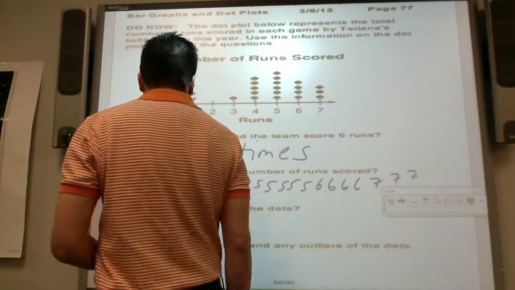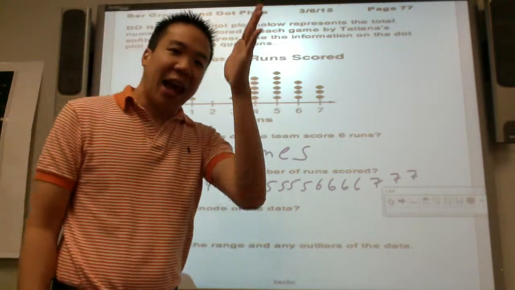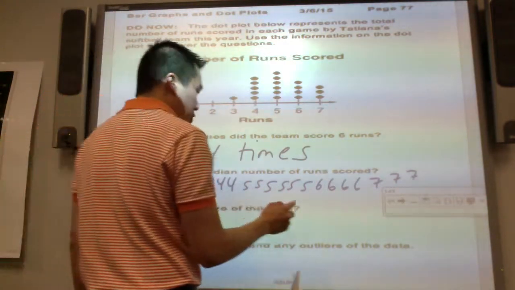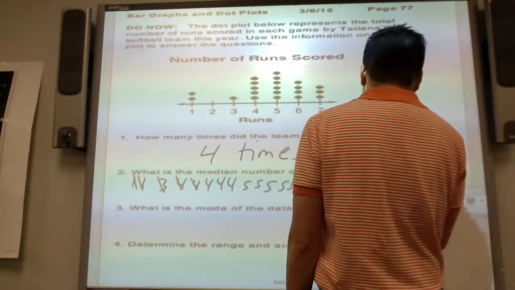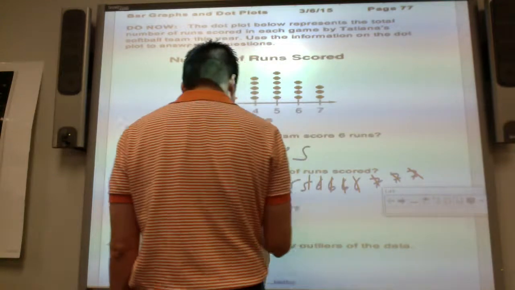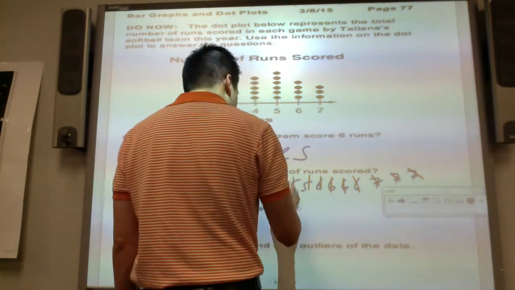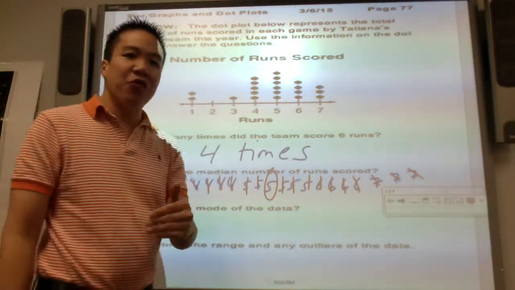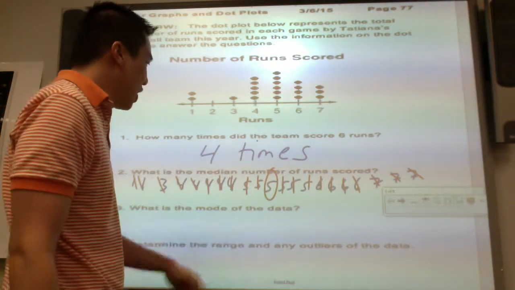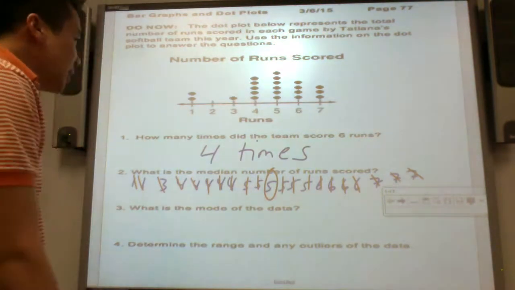Median is like the halfway point. So I'll cross out 5 to the left, 5 to the right. 5 is the median. Half of it is above 5, half of it is below 5. So 5 runs is the halfway point.